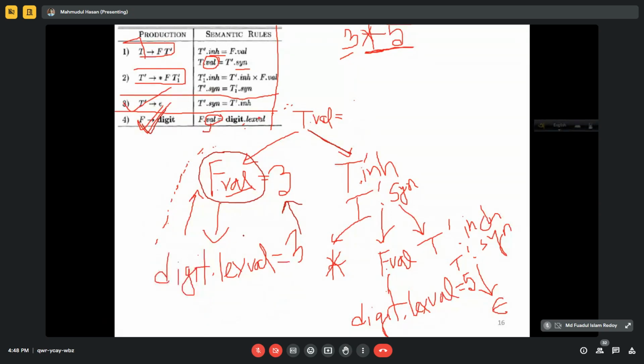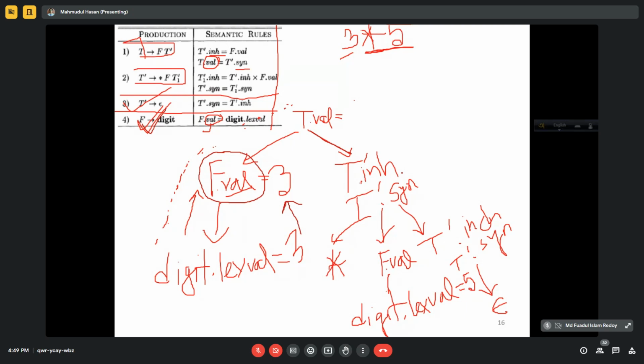So look carefully. T inherited, is this one a synthesized attribute? Sorry, I made a mistake.